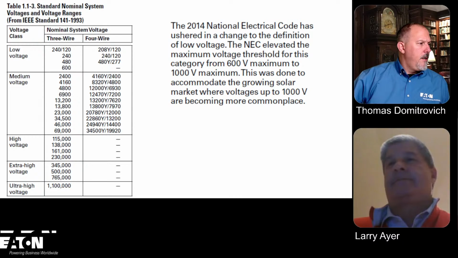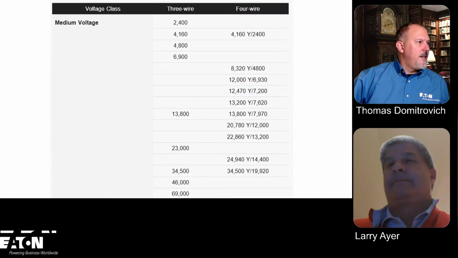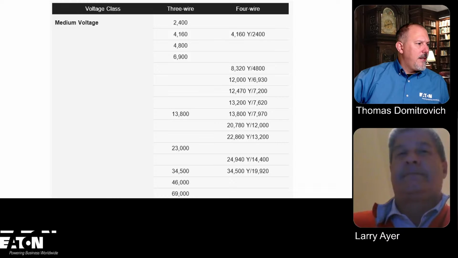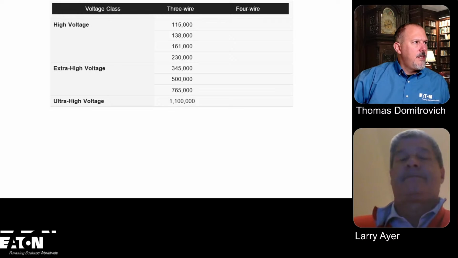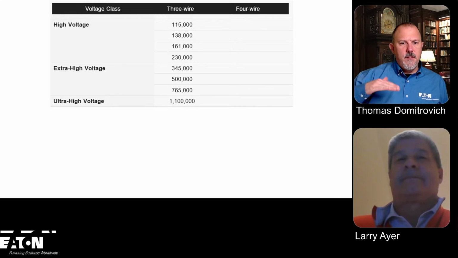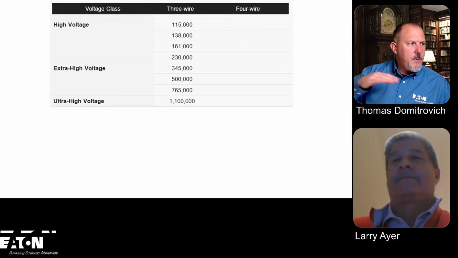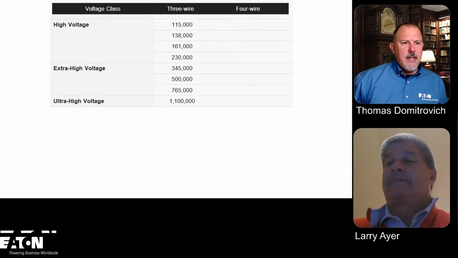Right. And they had extra high voltage and then ultra high voltage. This was a different reference I found. It said 69 kV, and then high voltage began at 115. So from the IEEE perspective, they seem to be lining up around 69 kV.